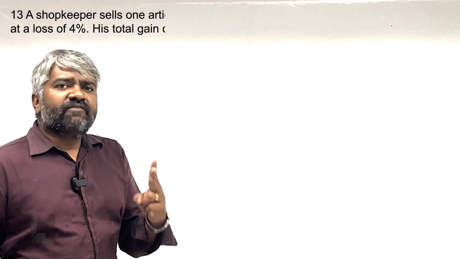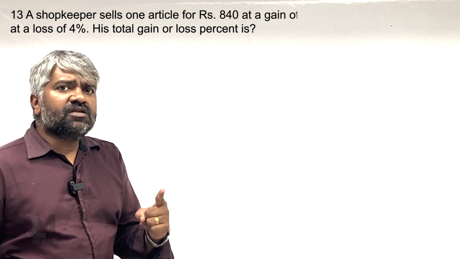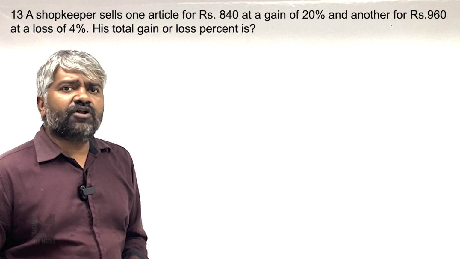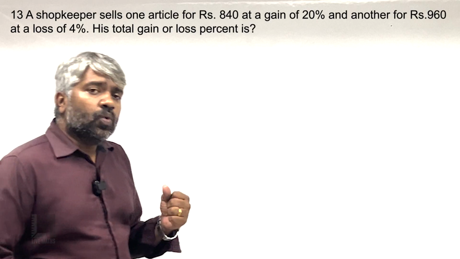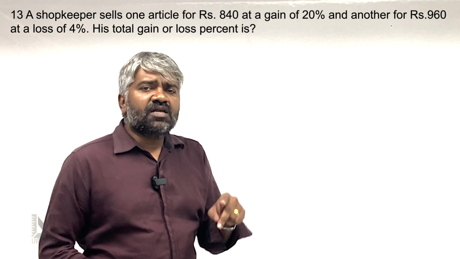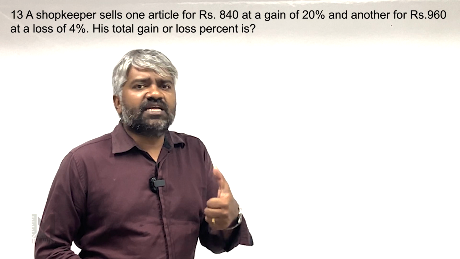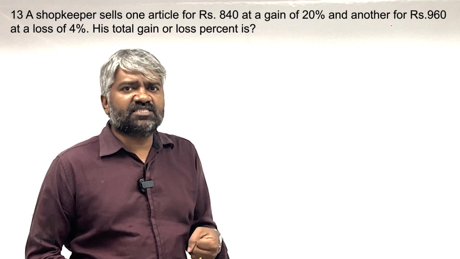Next question. A shopkeeper is selling 2 articles, whereas the first article is sold at a price of 840 rupees, in which he makes a profit of 20%. While selling the second article, he makes a loss of 4%, but the selling price in this case is 960.